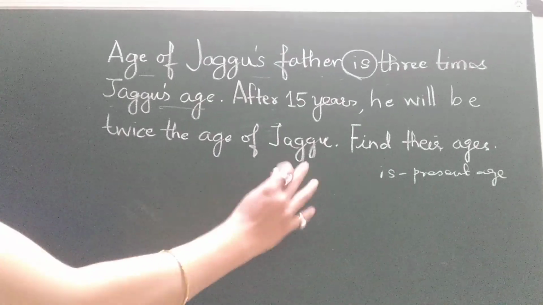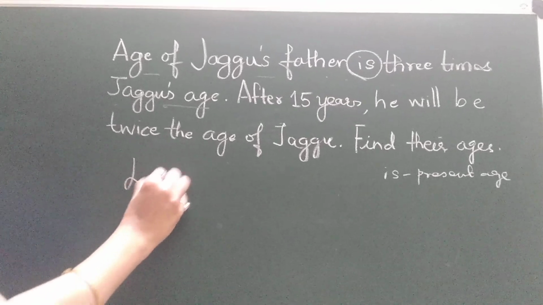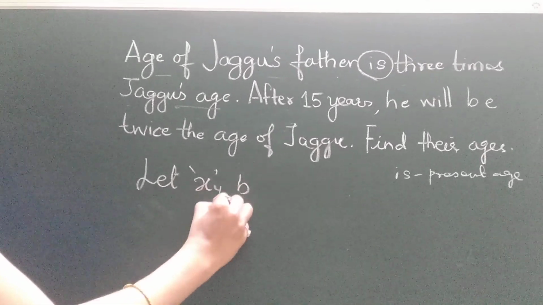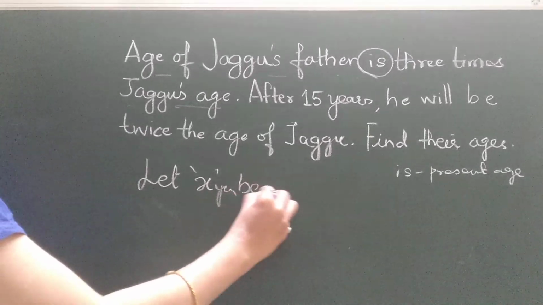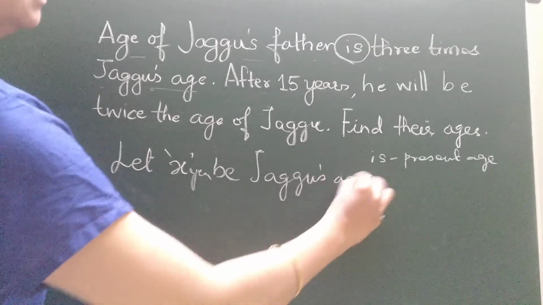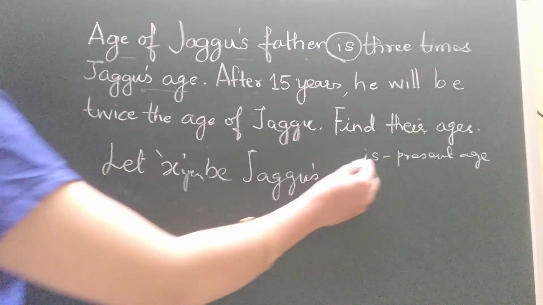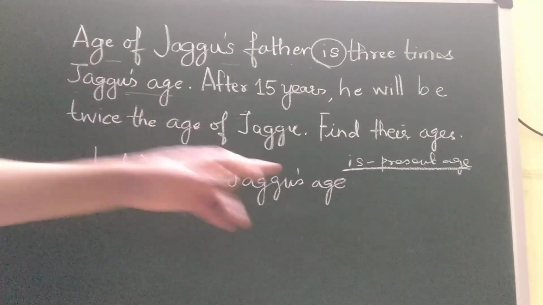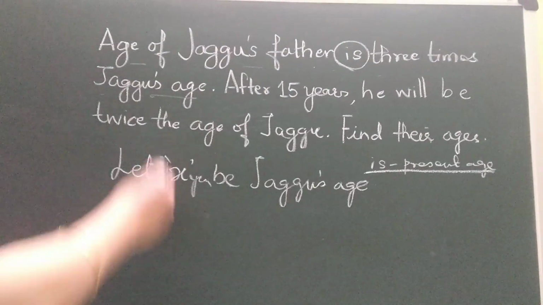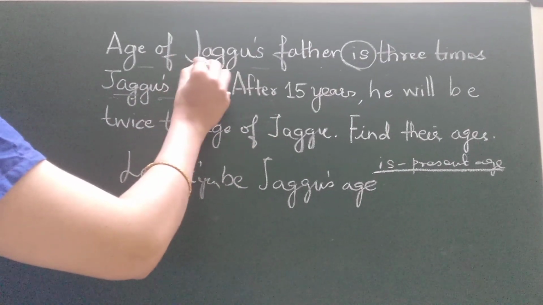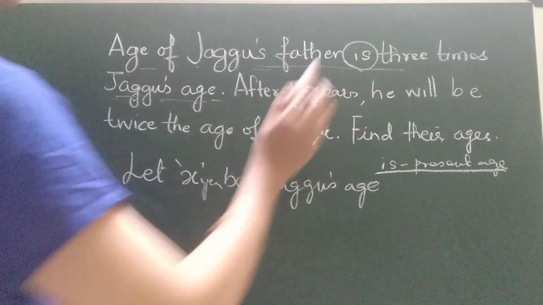Okay, so let's write our statement. First statement is: let x years be Jaggu's age. This will be our first statement as soon as we see that something is said with "is", which is the present age. So let Jaggu's age be x. So what is Jaggu's father's age?